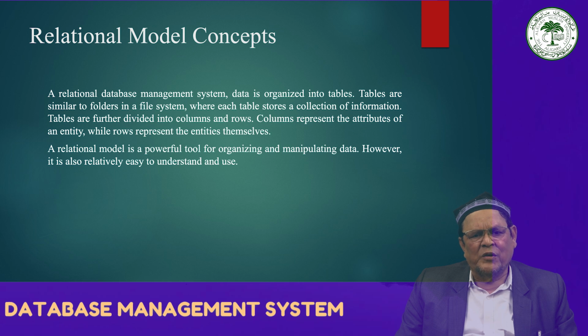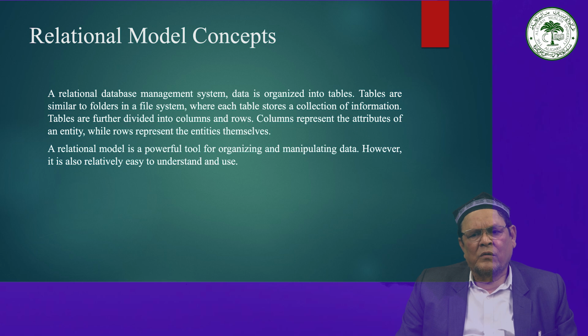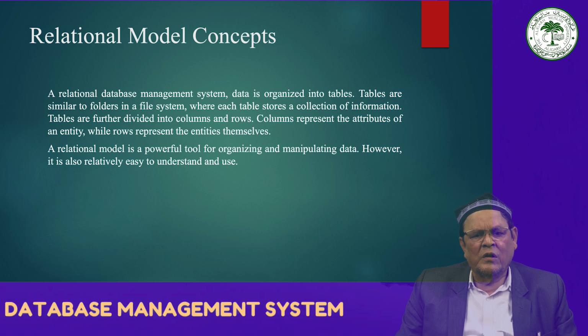The relational model in database management system organizes data into tables or relations, with each row representing a unique record and each column representing a specific attribute. Key concepts include entities, in other words, a table; attributes, columns; tuples, rows; primary keys, unique identifiers; foreign key, link between tables; and relationship, connection between entities.